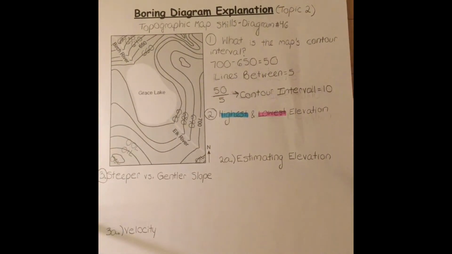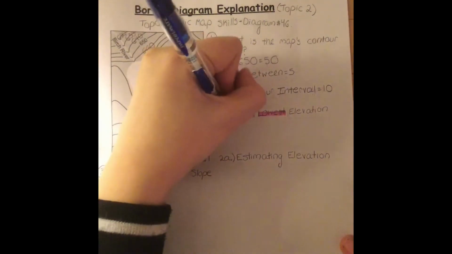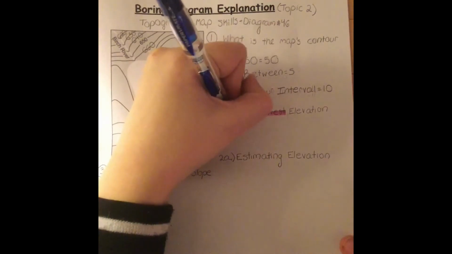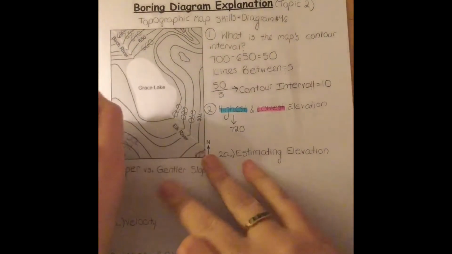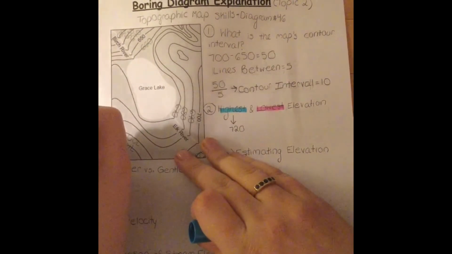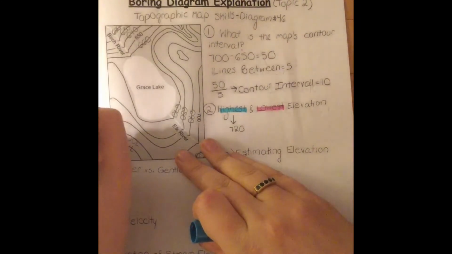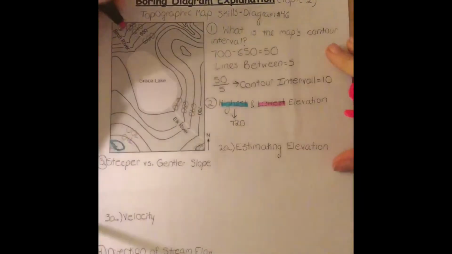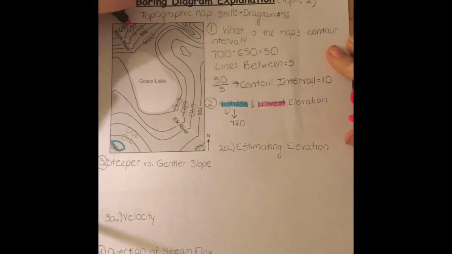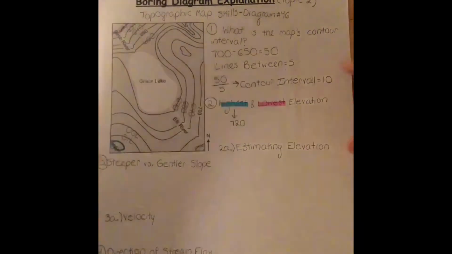The highest elevation that we can see here is 720. And the lowest elevation we can see is all the way up here at 620.